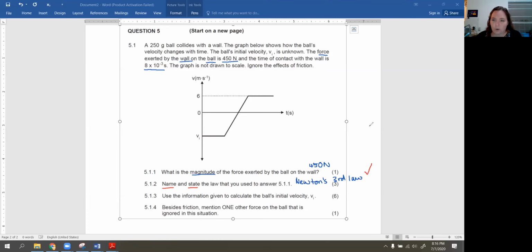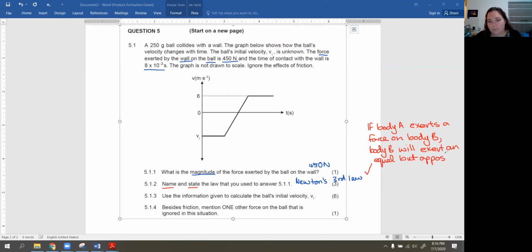So Newton's third law says if body A, object A if you prefer, exerts a force on body B, body B will exert an equal but opposite force back on body A. Please, if you use the word objects instead, I sometimes think it's preferable.